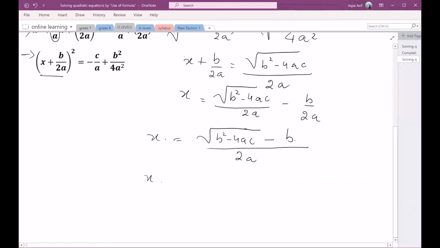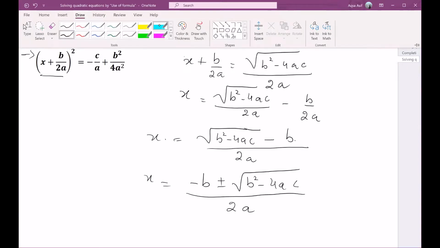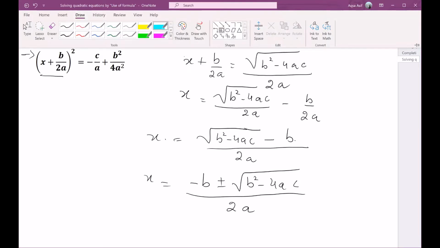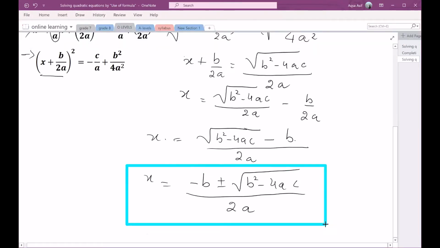So we have derived our formula. I can rearrange it like this, and we have derived our formula for solving quadratic equations.